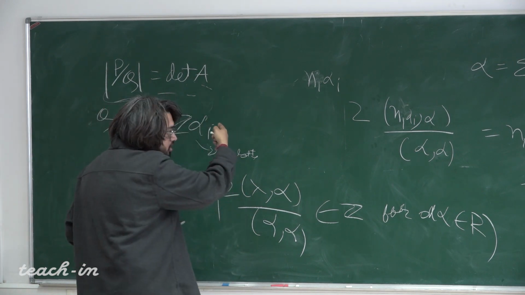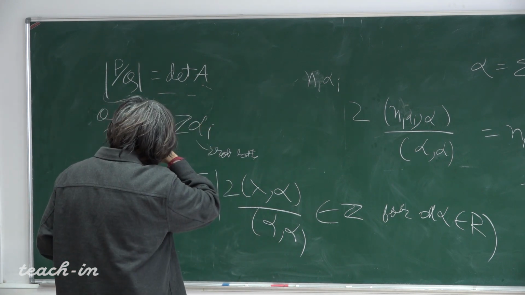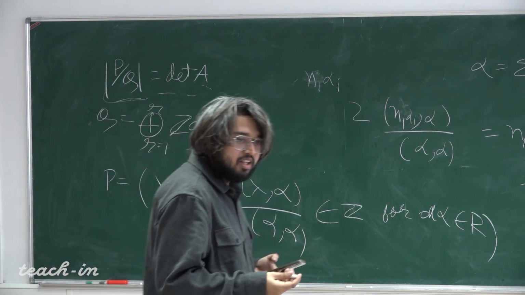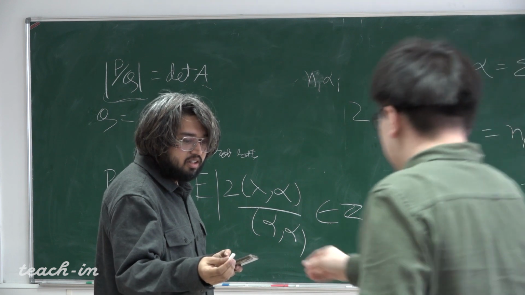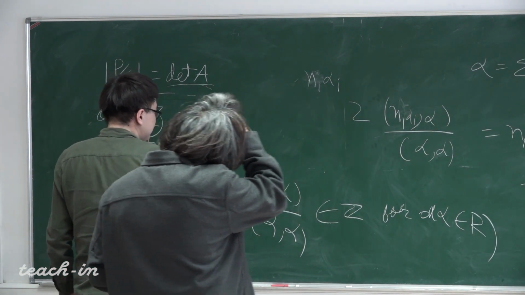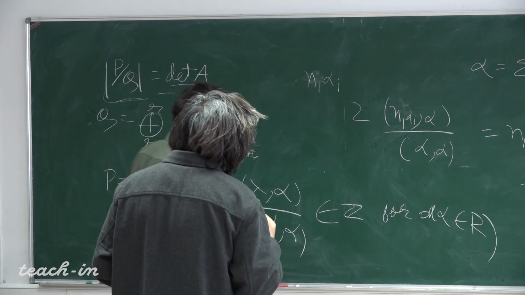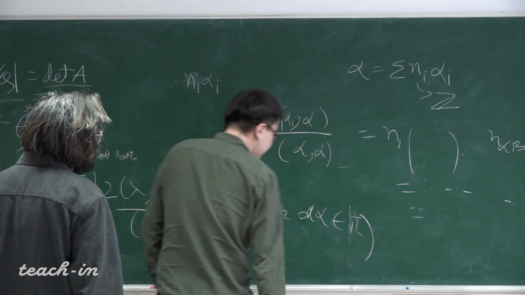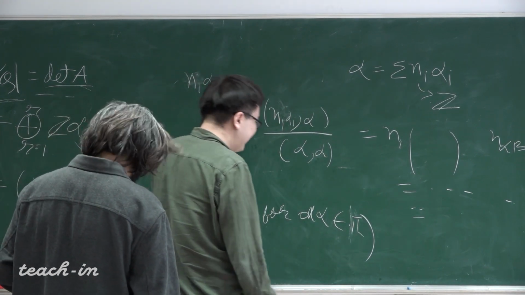Okay, so what would you like to say? I did some calculations, but my idea has some gaps. First, I don't know why this must be positive, and also I changed this condition, and I don't know why they are equivalent.